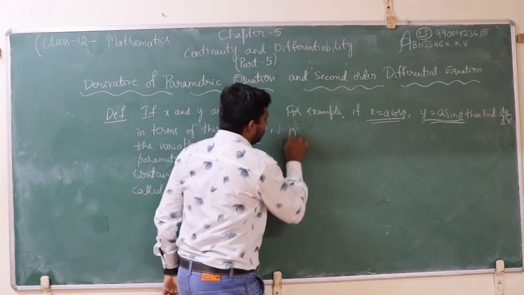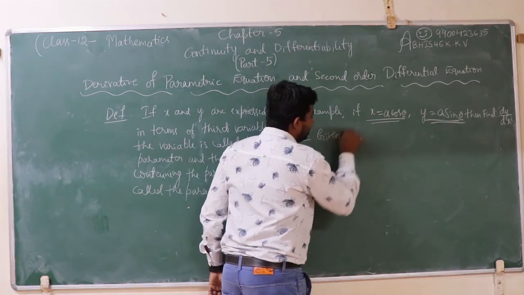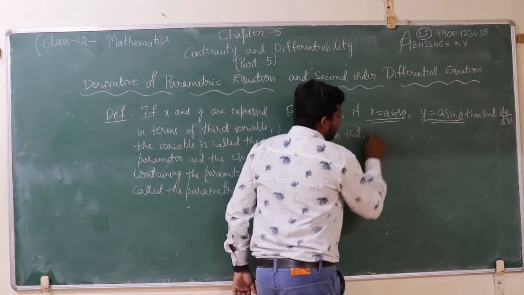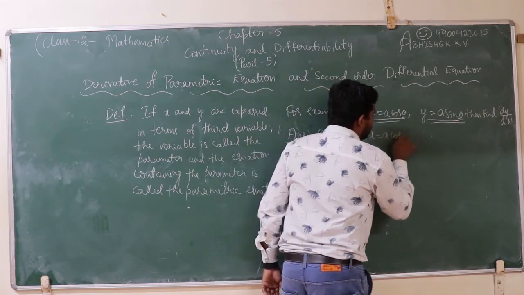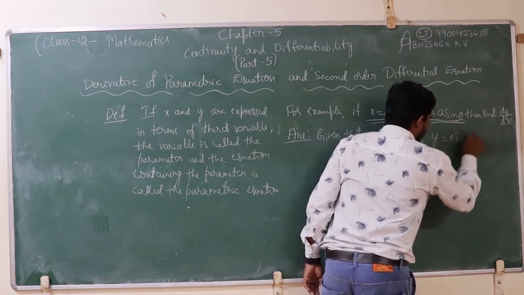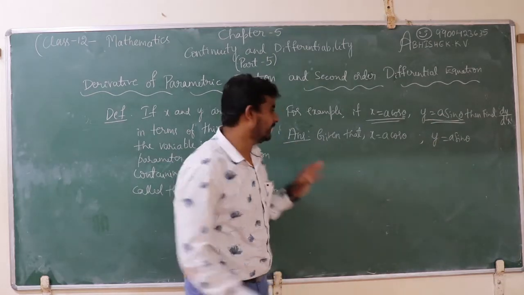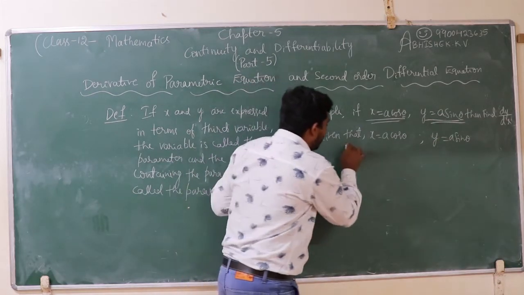What is the solution? Given that x is equal to a cos theta, y is equal to a sin theta. Now, what is the next step?